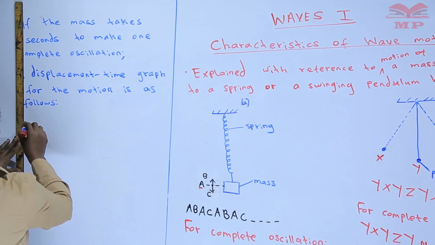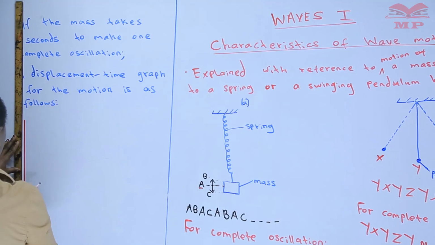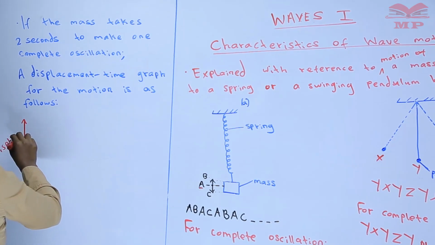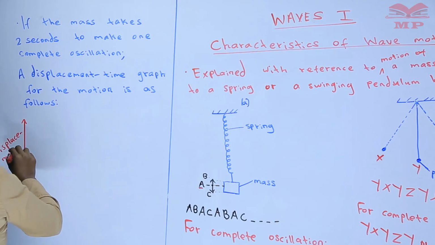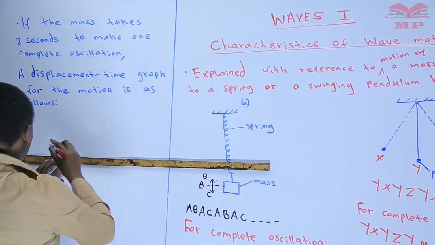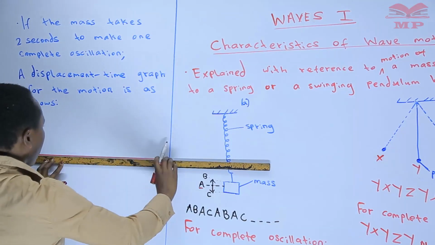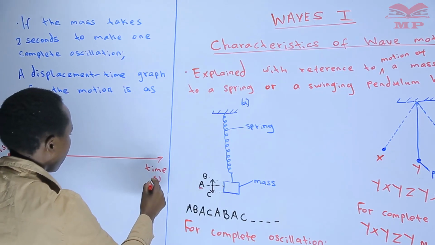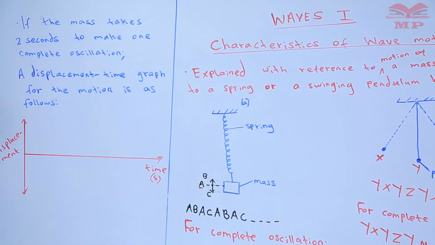On the vertical axis, that is the y-axis, we have displacement. So we name this displacement against time. Here we have time in seconds, and we have been told that it takes 2 seconds to make one complete oscillation.